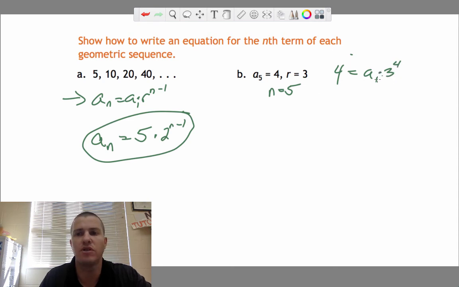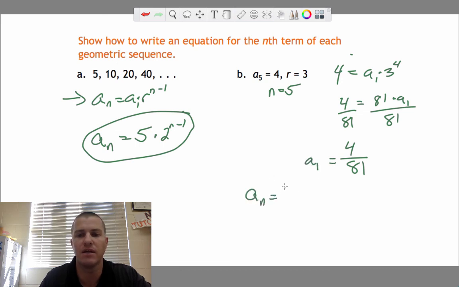So now I'm solving for a sub 1. So I have 4 is equal to 3 raised to the 4th, which is 81, times a sub 1. Divide by 81, and I get a sub 1 is equal to 4 over 81. So now I can write the formula a sub n is equal to 4 over 81 times 3 raised to the n minus 1.